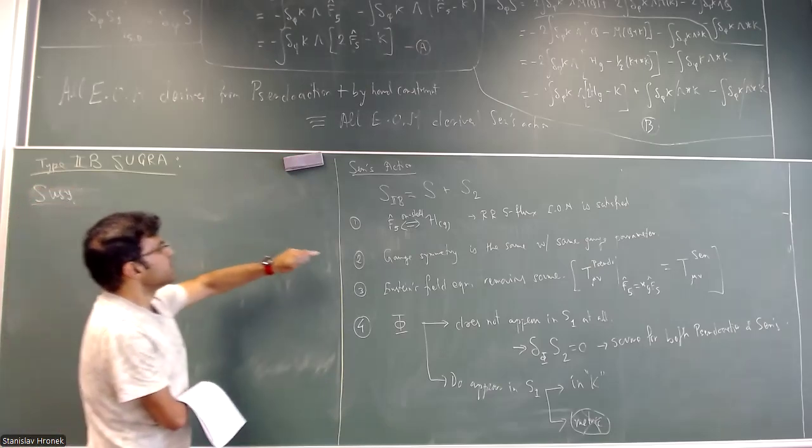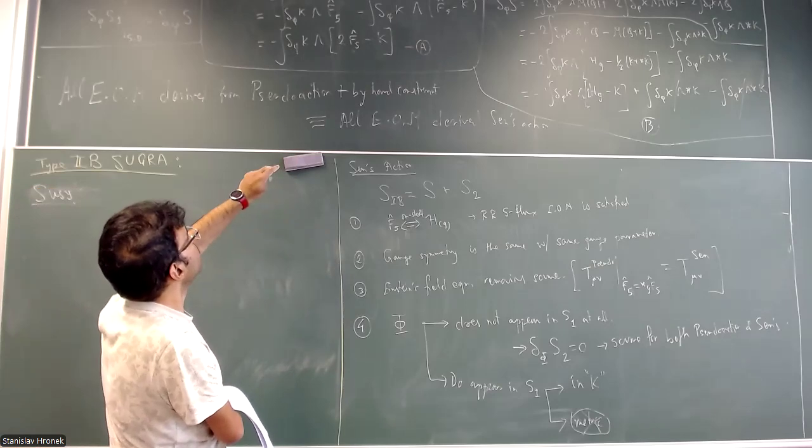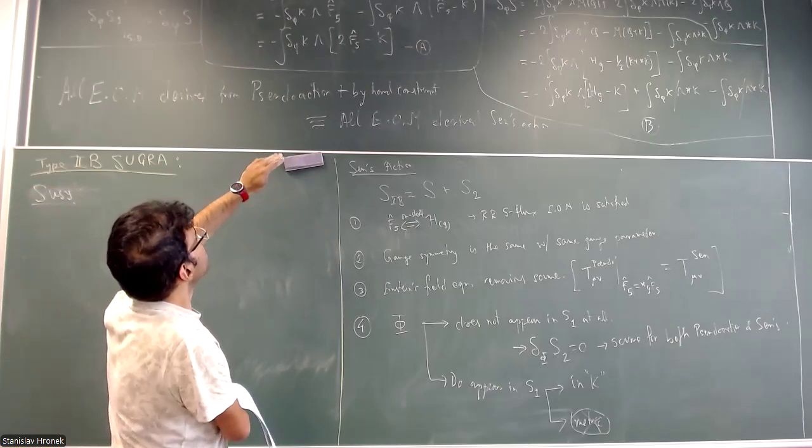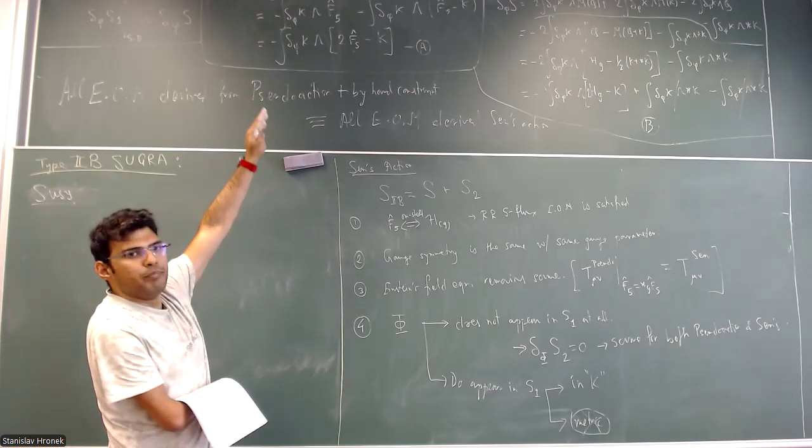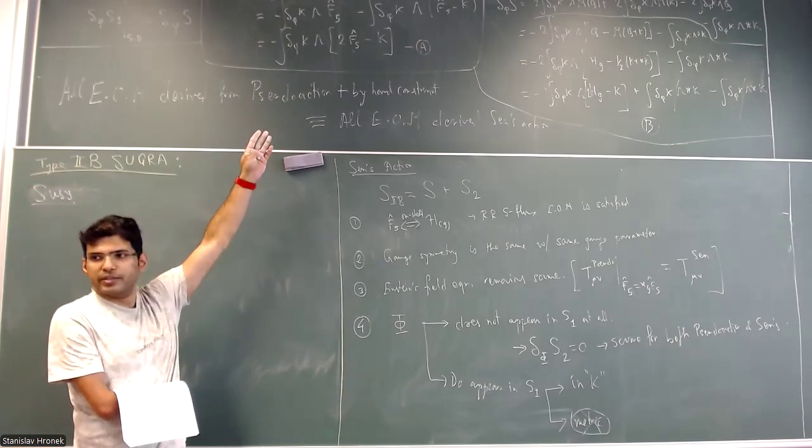Another thing is that we also need to propose a supersymmetry transformation of this map M, because that's also a new ingredient in some sense.